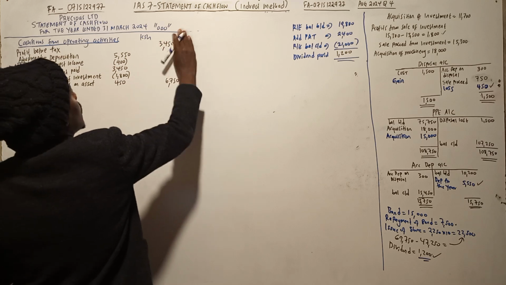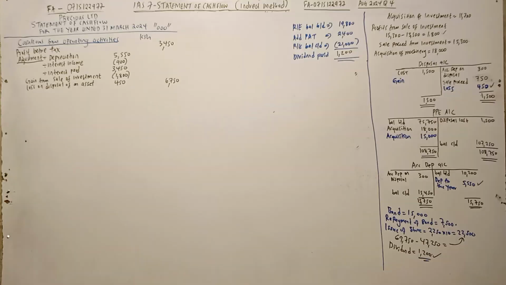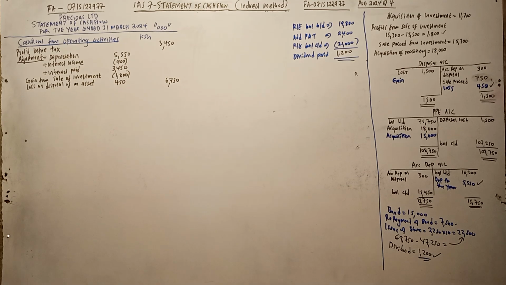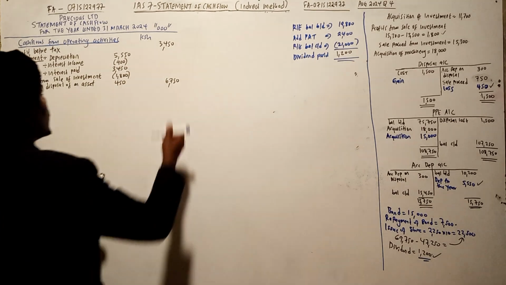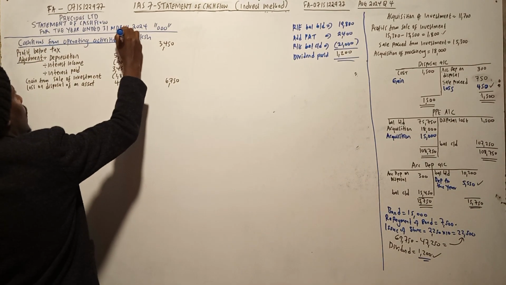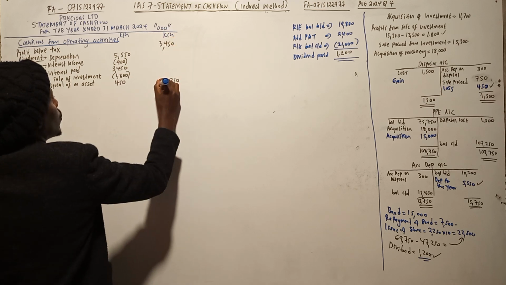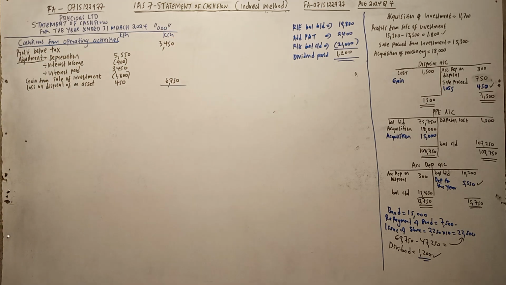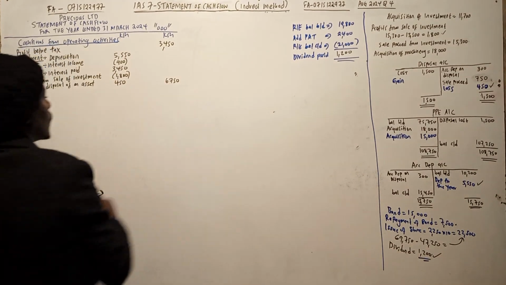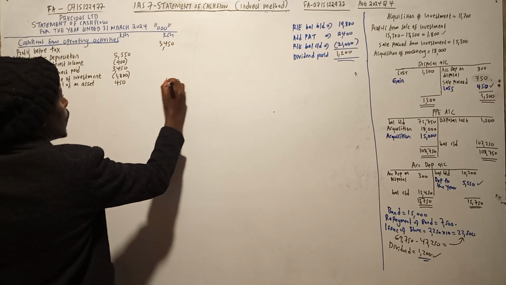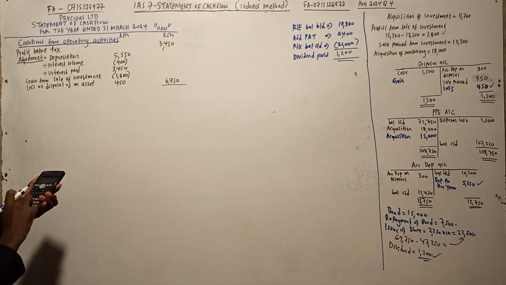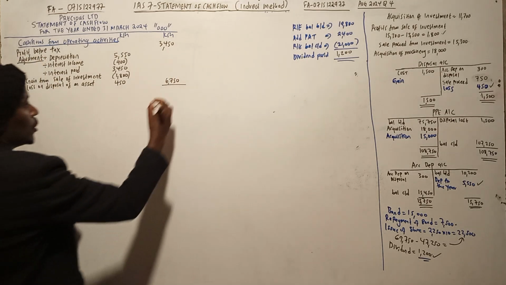So we shift the Kenya shillings here to this part. So hii kuja hapa Kenya shillings na mwingine akuja hapa Kenya shillings. So we add them together. So let's add it. So 3450 plus 6750 is 10200.